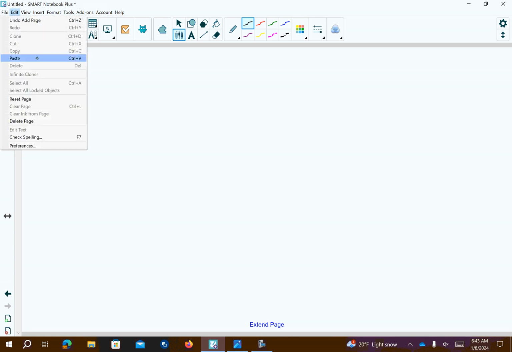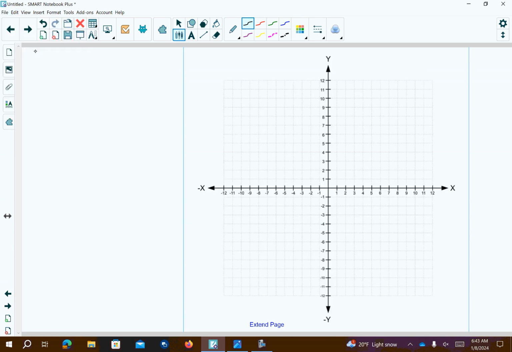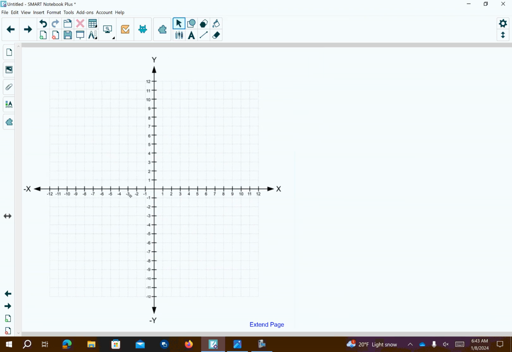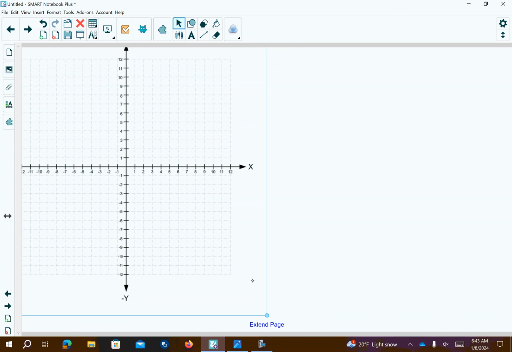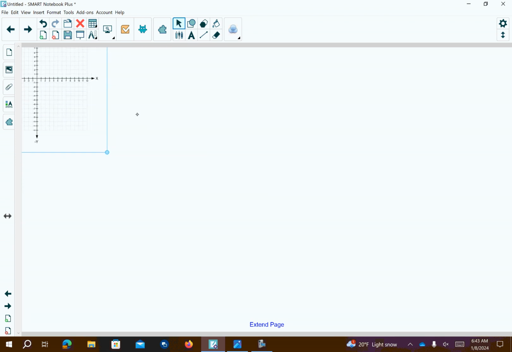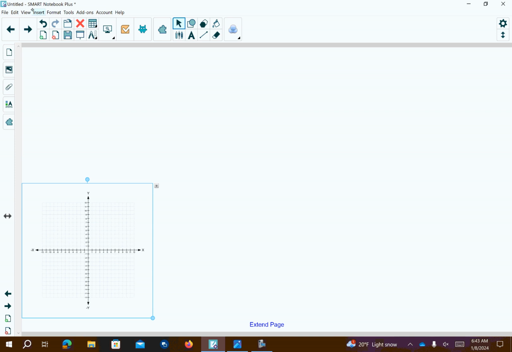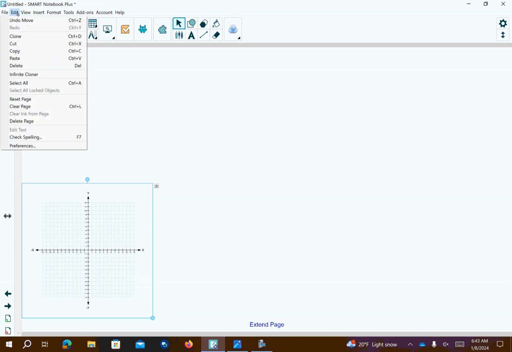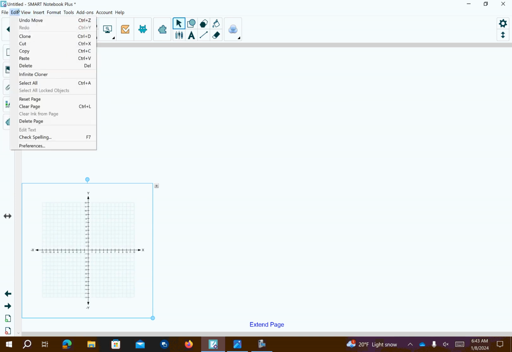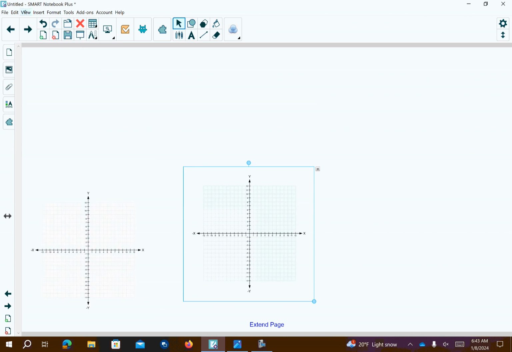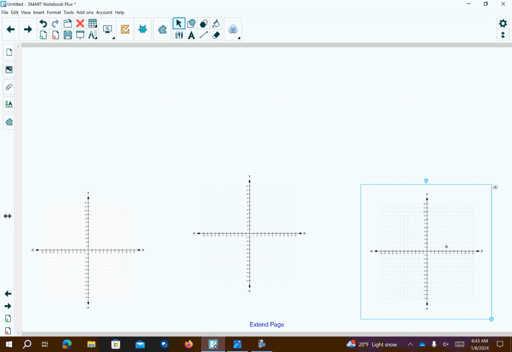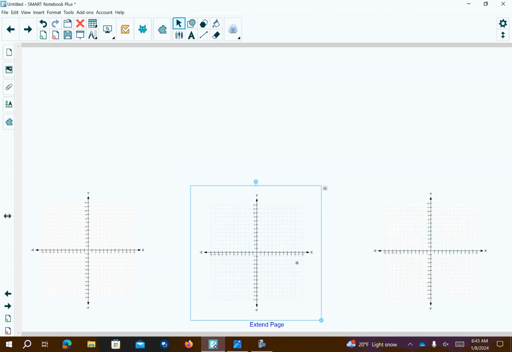Okay, this last problem at the bottom of page 212, I'm actually going to have 3 graphs on there. Let's copy that, paste that, and paste one more. I'm going to draw the best I can.